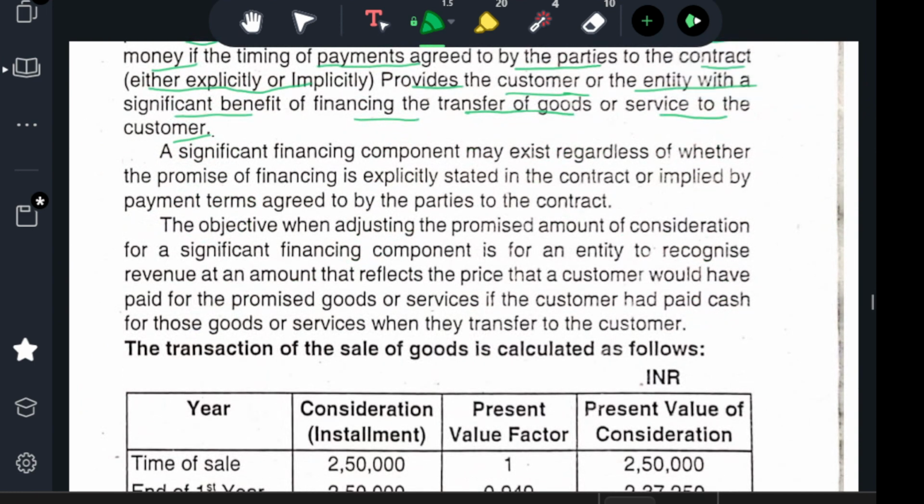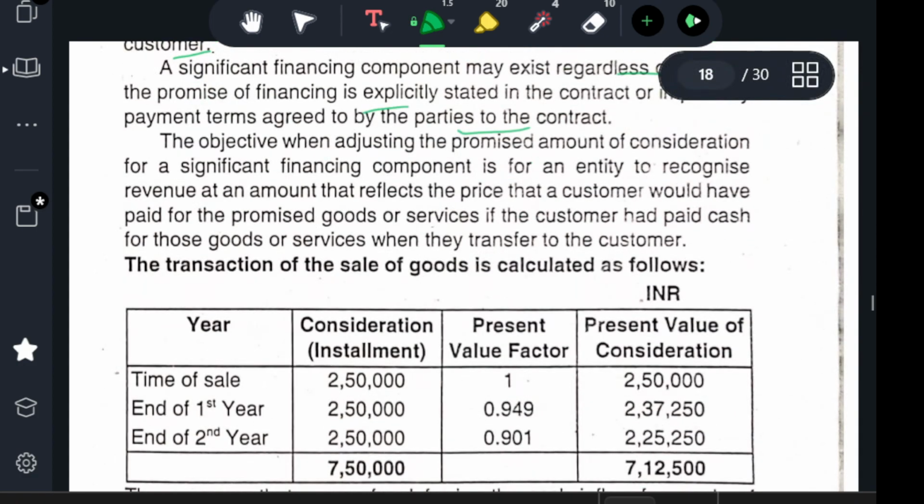A significant financing component may exist regardless of whether the promise of financing is explicitly stated in the contract or implied by the payment terms agreed by the parties. The objective when adjusting the promised amount of consideration for a significant financing component applies to 2.5 lakhs, 2.5 lakhs, 2.5 lakhs.